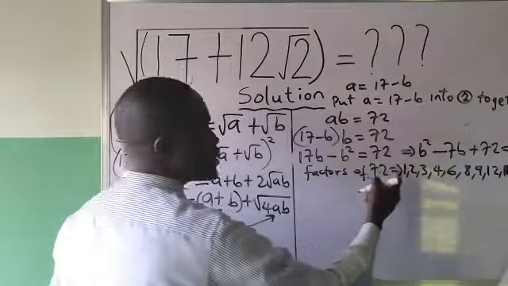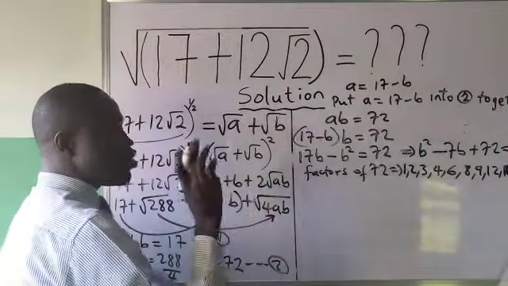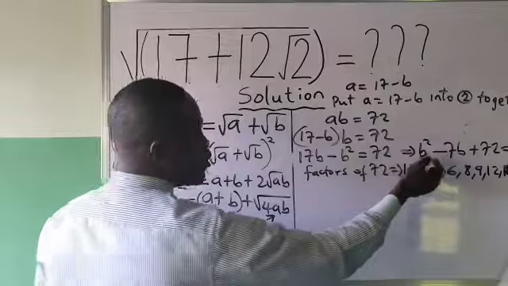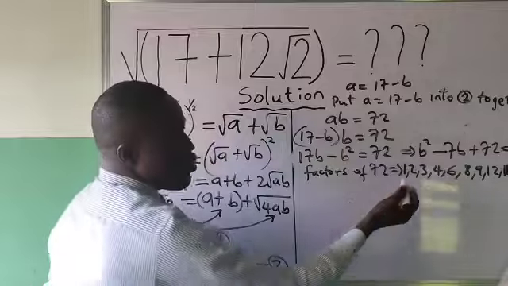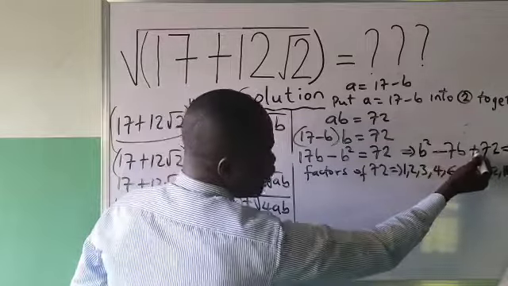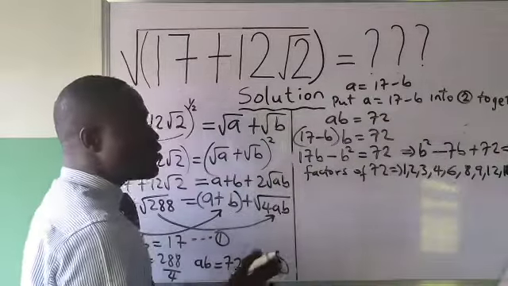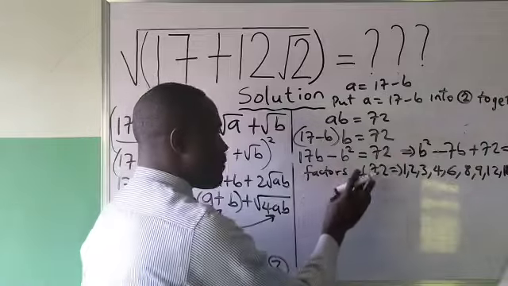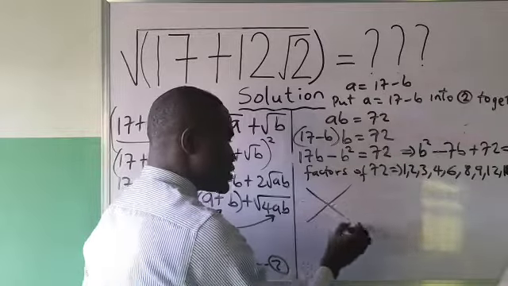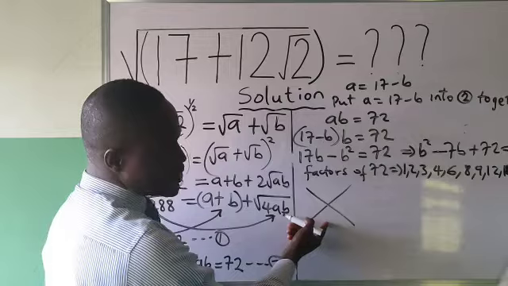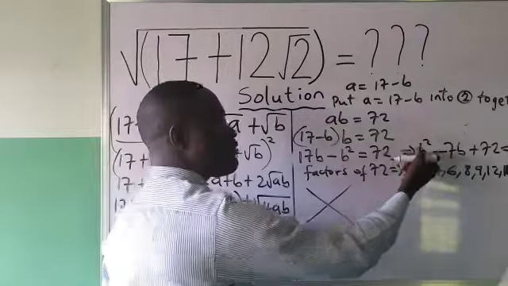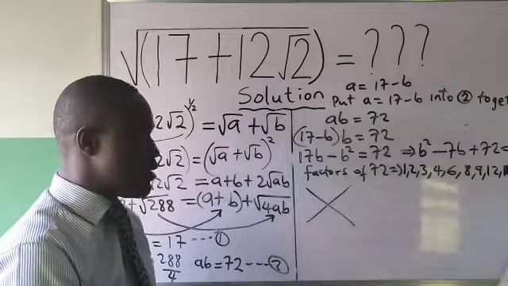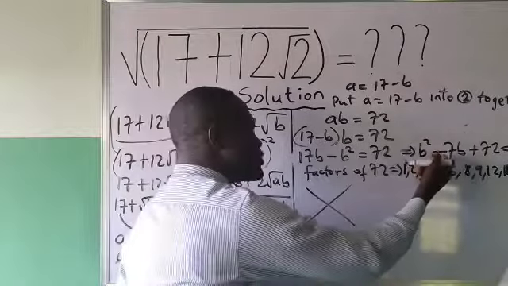So out of these factors, pick 2 numbers. When you see a quadratic equation like this, where you have minus and plus, if you want to factorize it, we apply the scissors method, the trial and error method. One can use the quadratic formula, or the complete the square method.